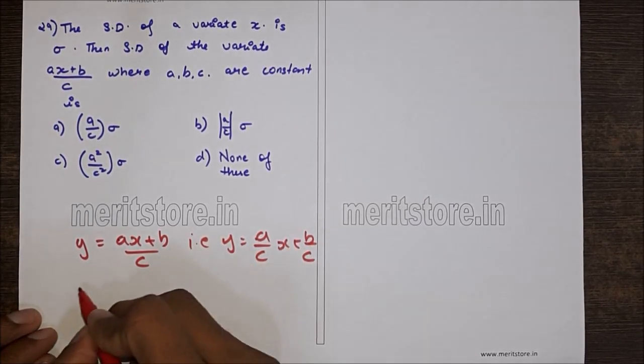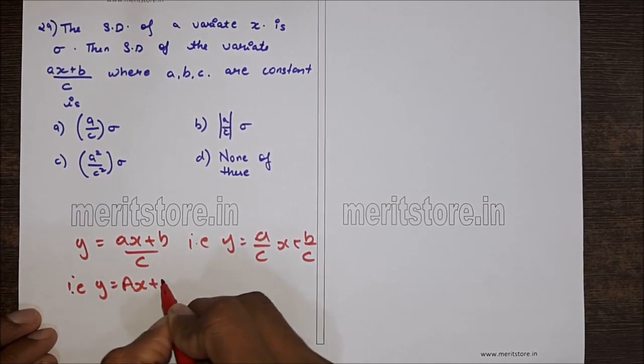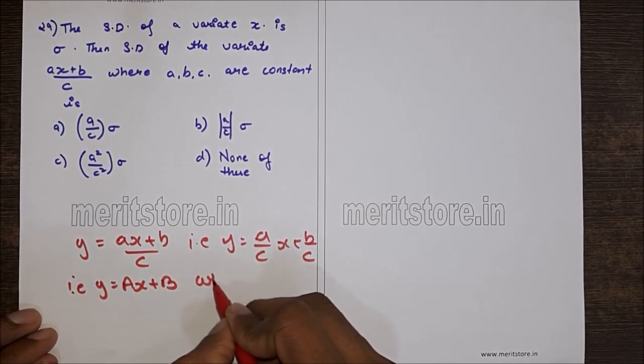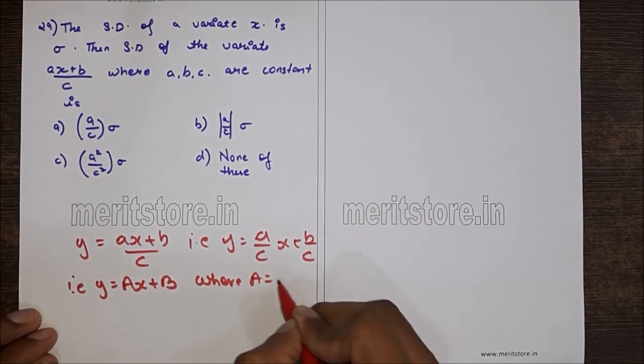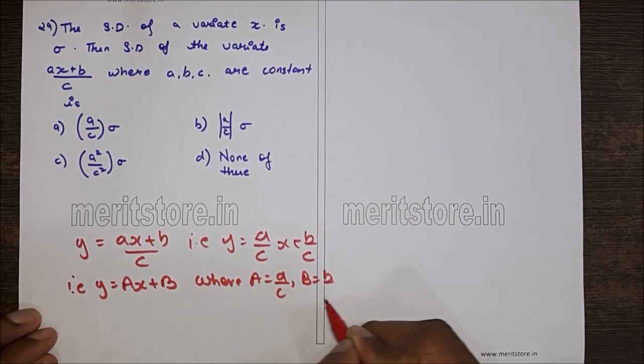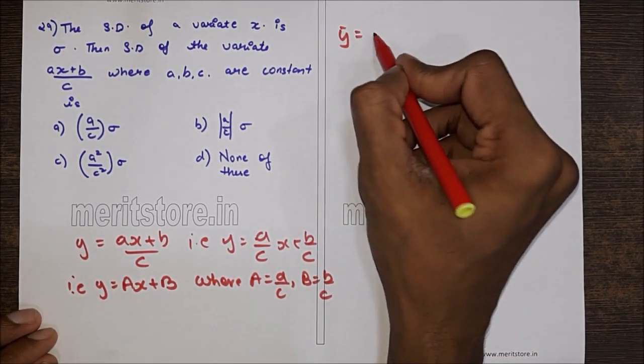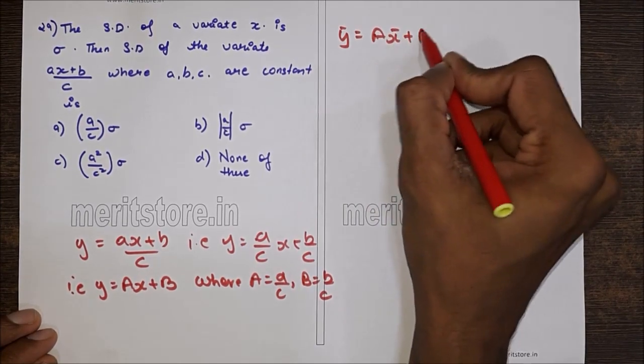That is, we can write this as y is equal to Ax plus B, where A is equal to a by c, B is equal to b by c. We can write this as y bar is equal to A x bar plus B.